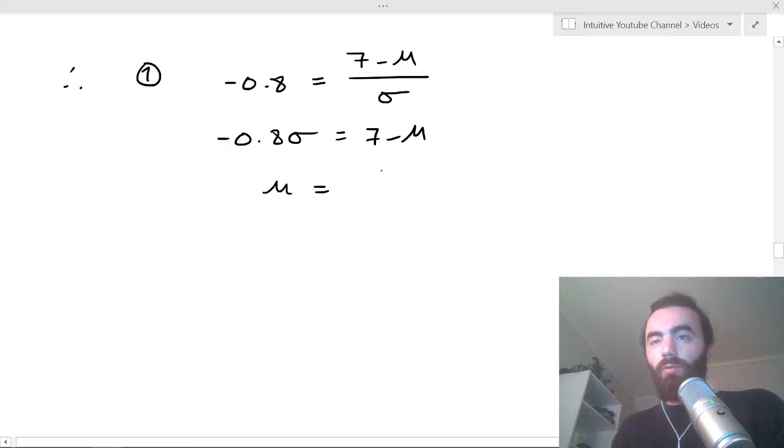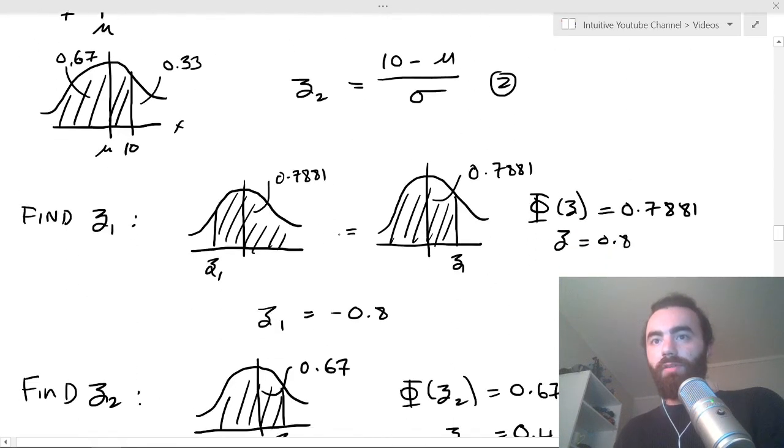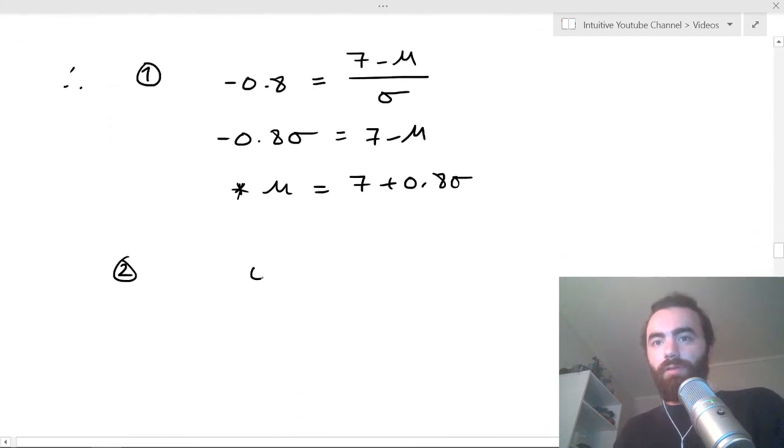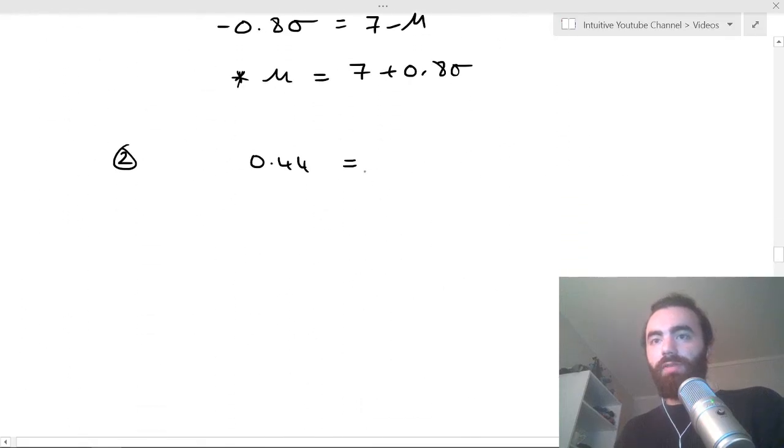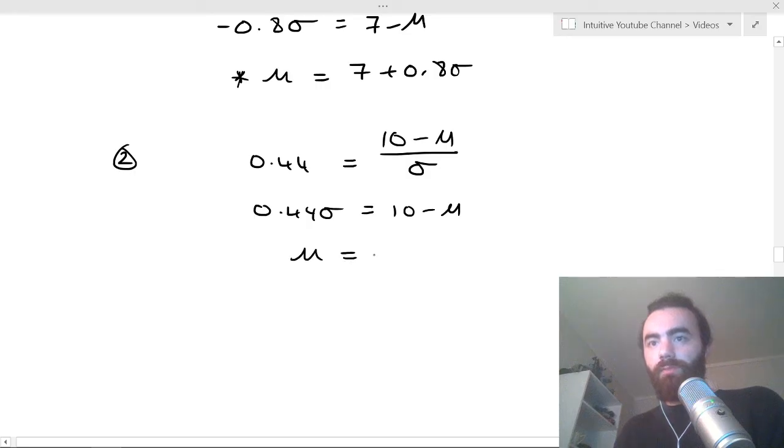So then our mu equals 7 plus 0.8 standard deviations. So that's one of the equations, and then the second equation we can find by substituting z2 into here. So we get 0.44 equals 10 minus mu over the standard deviation. Let's simplify that as well, and we get mu equals 10 minus 0.44 standard deviations.